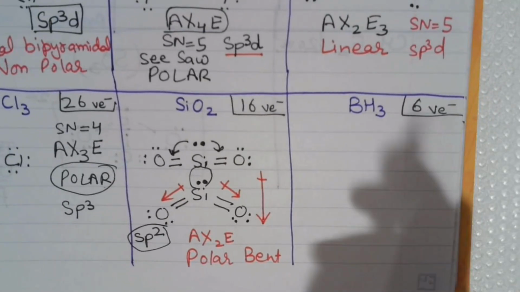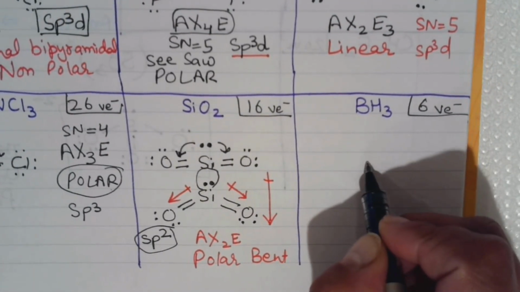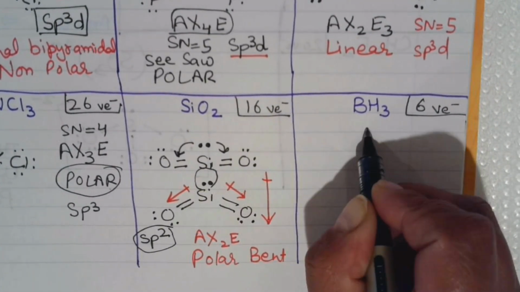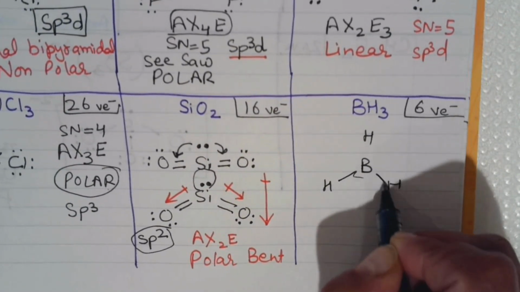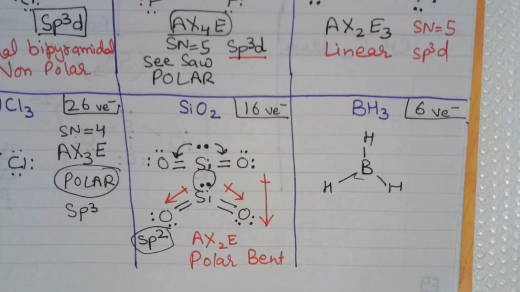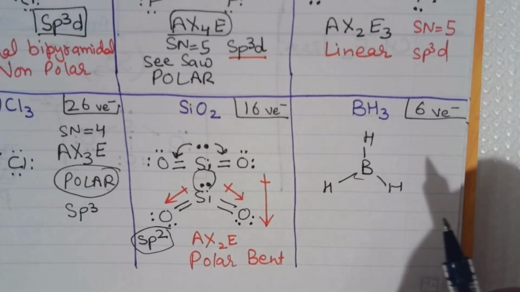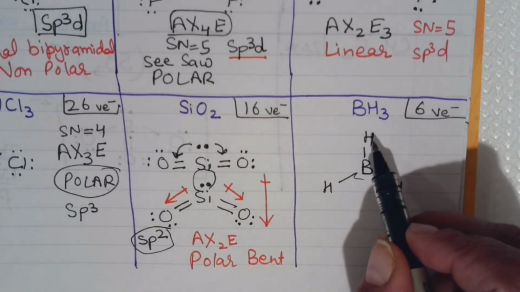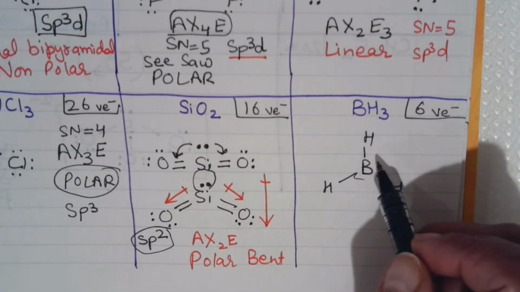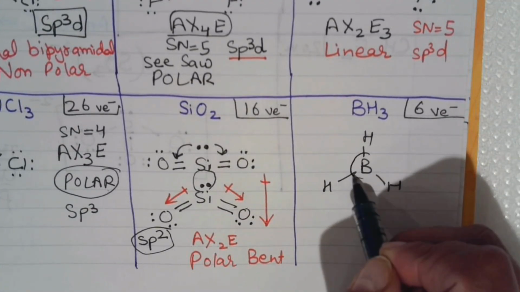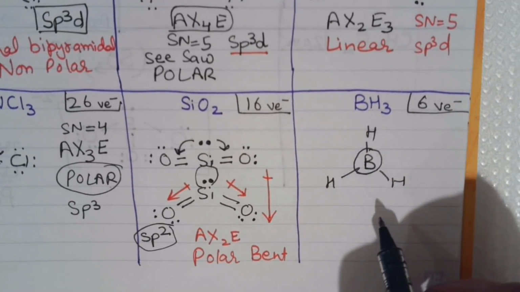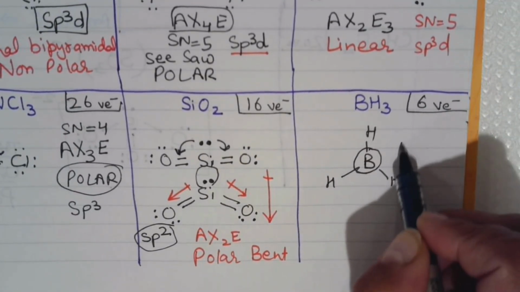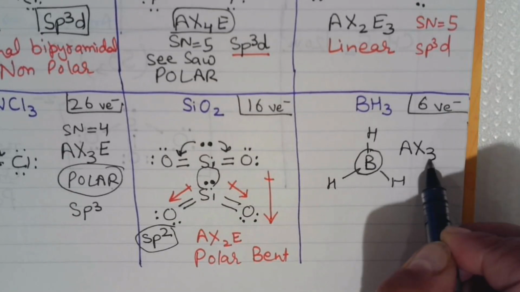Next is BH3, 6 valence electrons. B goes in the center, the 3 hydrogens symmetrically in a triangle, and we are done with all the valence electrons. Always remember, hydrogen is happy with 2. Boron is one of the exceptions, right? Boron cannot have more than 6. So this is the structure. Now the AXE formula would be just AX3.